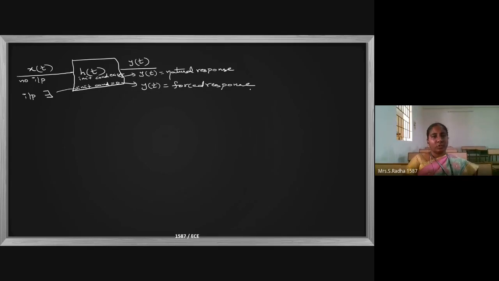In other words, the natural response is also called the homogeneous solution. The forced response is also called homogeneous plus particular integral. Homogeneous solution plus particular integral together is called the forced response.